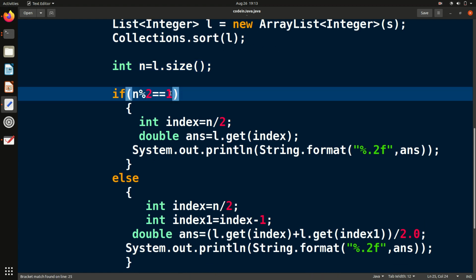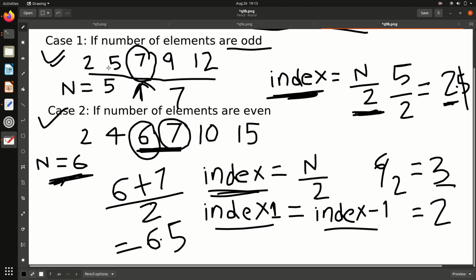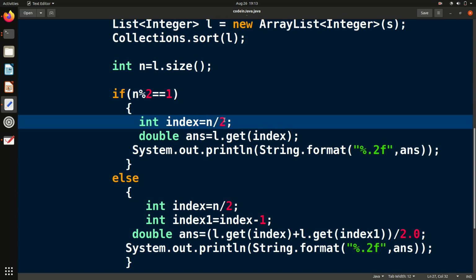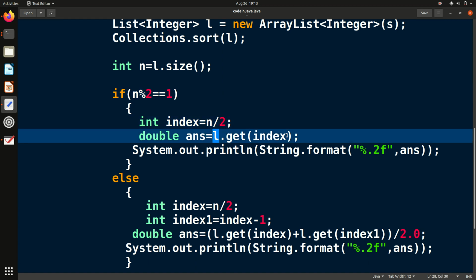If n is odd, that is n modulus 2 equals 1, just do n by 2, we'll get the index and find the value at that index. L dot get index, but make sure you store it in double, because we want a decimal number. So we got the answer, just print it.